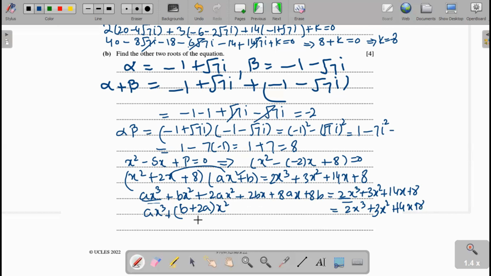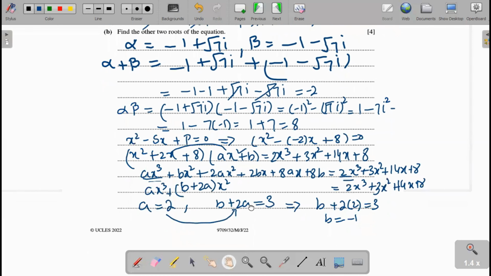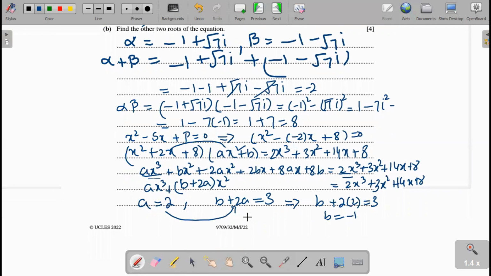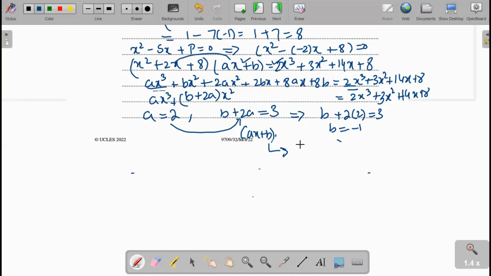We have a equal to 2, and b plus 2 times a equal to 3. Therefore we put the value of a here: b plus 2 into 2 equal to 3, and b will be equal to minus 1. Now the next factor, ax plus b, is equal to 2x minus 1.